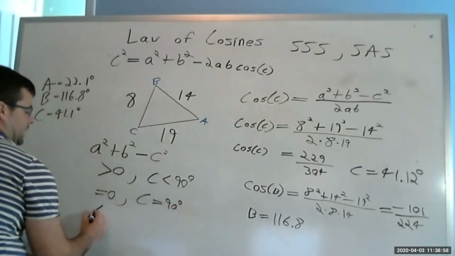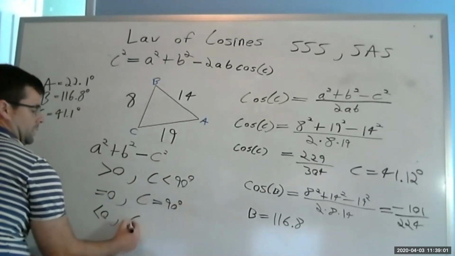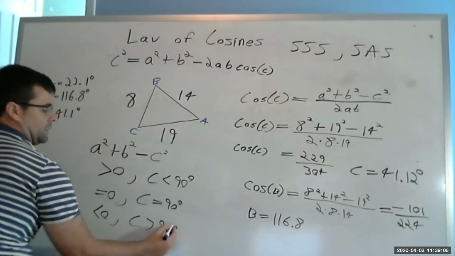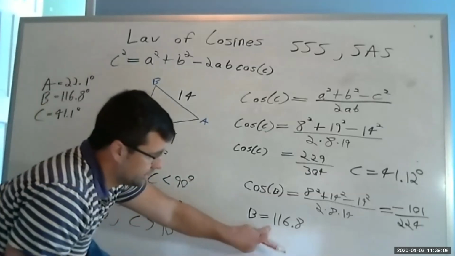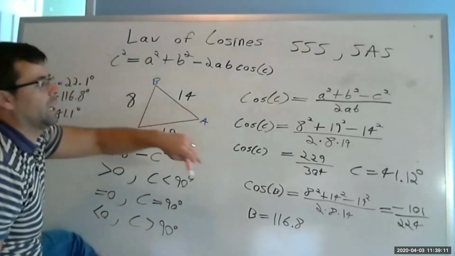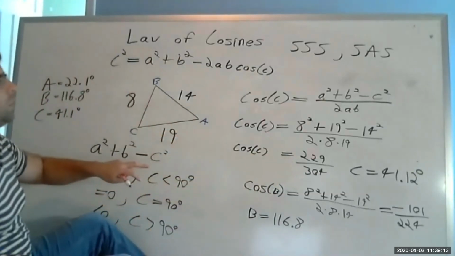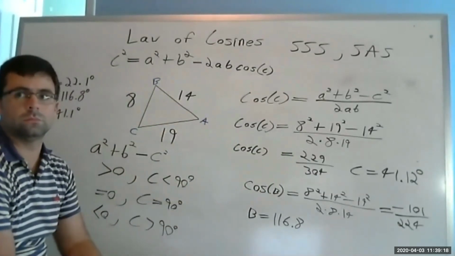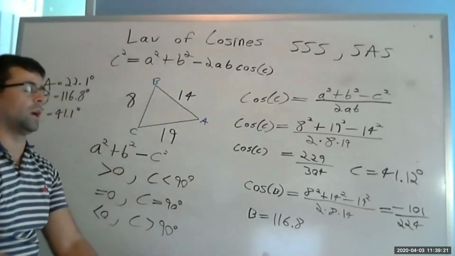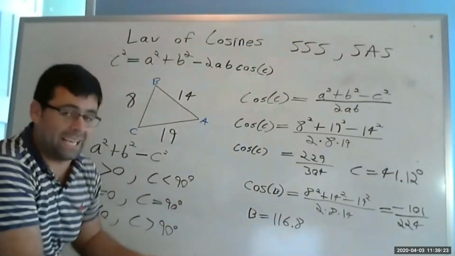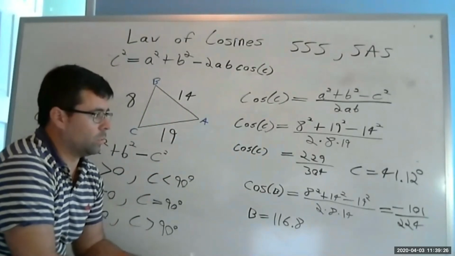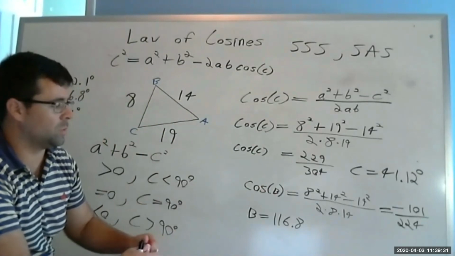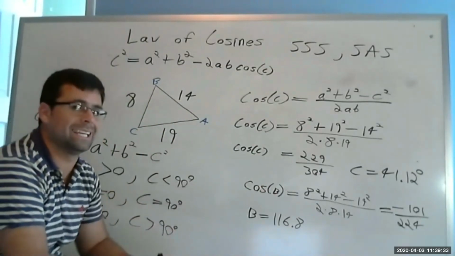And if it is less than 0, C is greater than 90 degrees. And that's what we see. For the first two, we got positive numbers, and the angles were less than 90. For the last one, we got a negative, and if it's negative, that means the angle you get is going to be greater than 90 degrees.